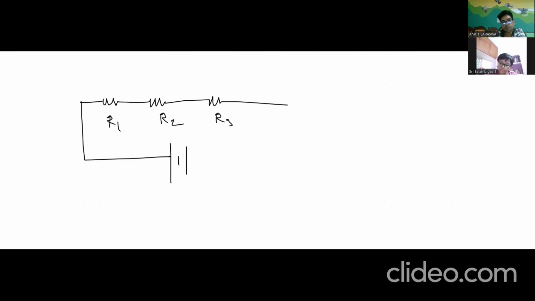So what I'm explaining is, for example, there are three loads: load 1, load 2, R1, R2, R3. And I connect them with a battery or cell, positive, negative, V volt.